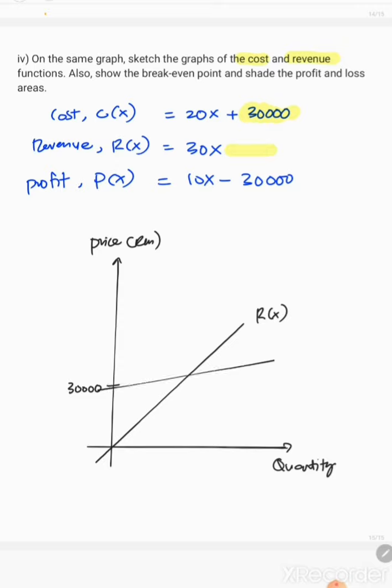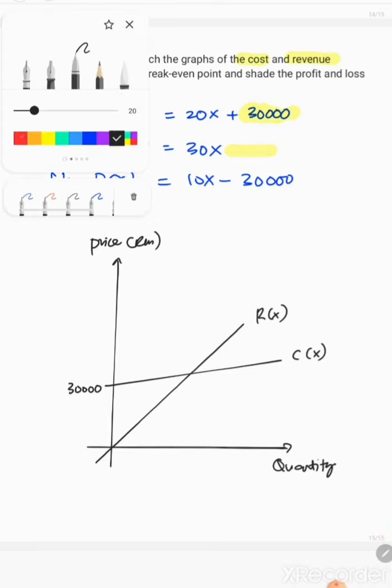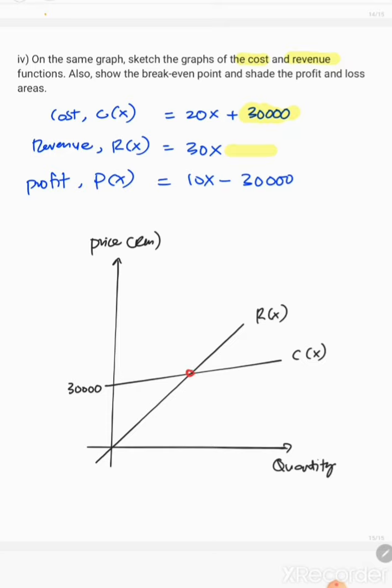Not very accurate, sorry. Like this. This one will be the cost, Cx. Where is the break-even point? Break-even is the intersection point between these two lines. This is the break-even.